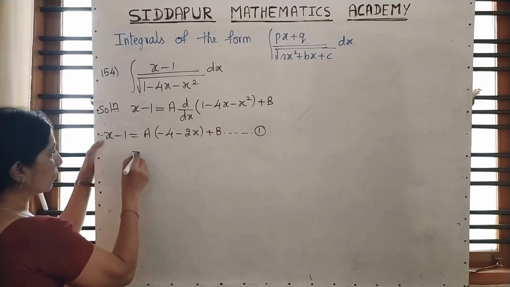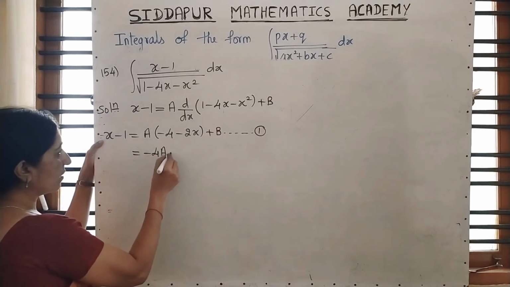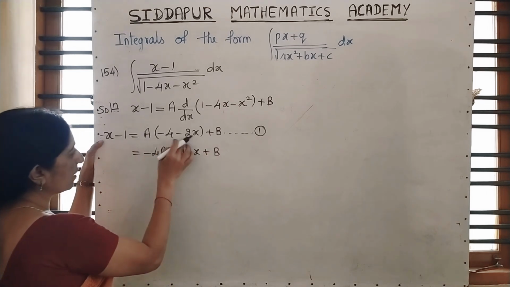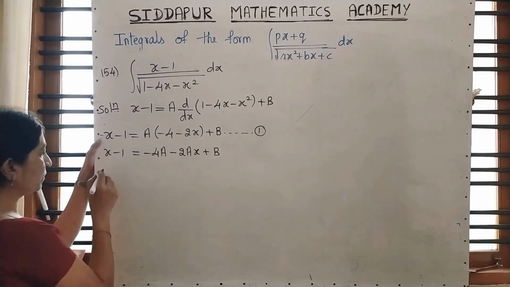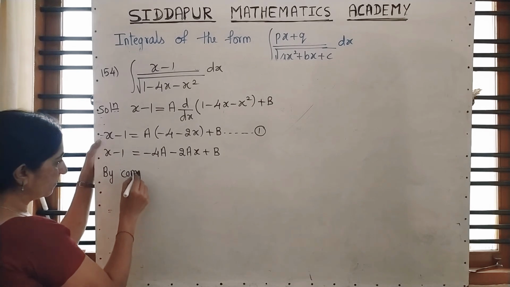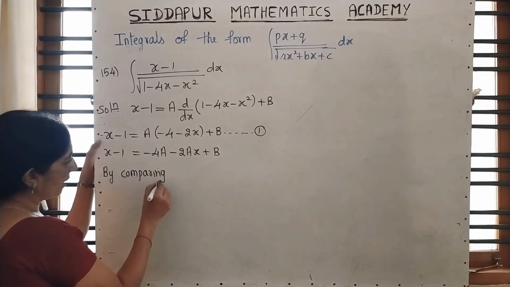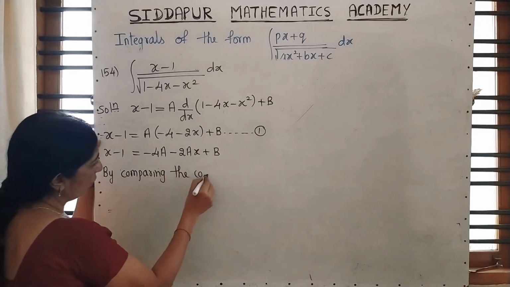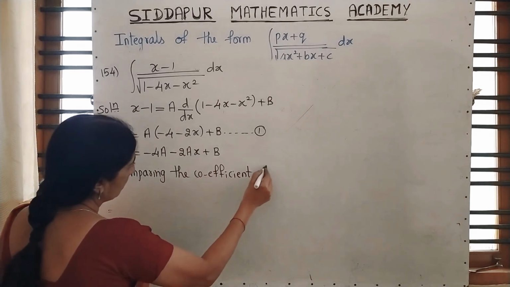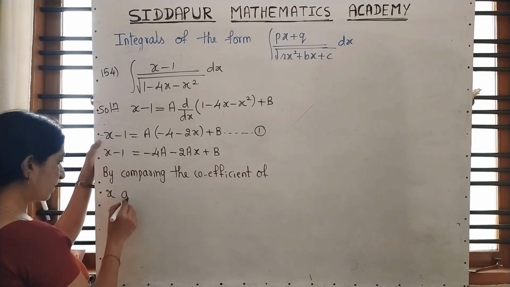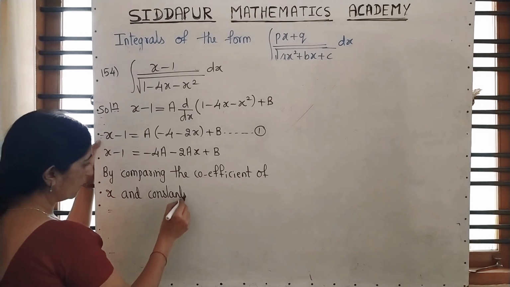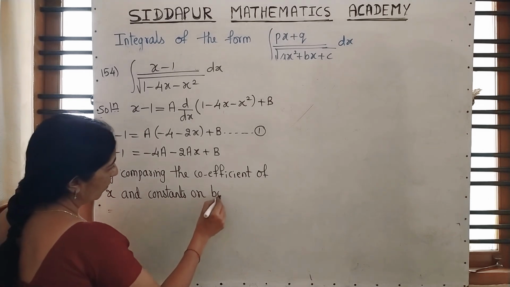Equation 1. Remove the bracket: minus 4a minus 2ax plus b. A is multiplied only with these two. By comparing or equating the coefficient of x and constants on both the sides.